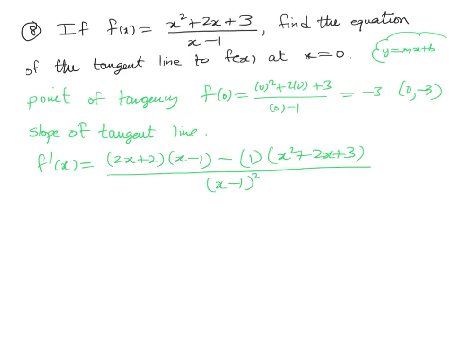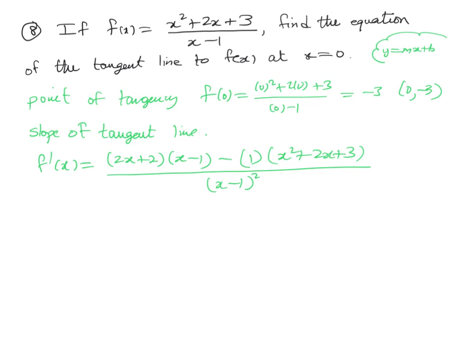Now, this is the derivative function. This tells me the slope of the tangent line anywhere on the function. I don't care about anywhere on the function. I care about the place where x equals 0.